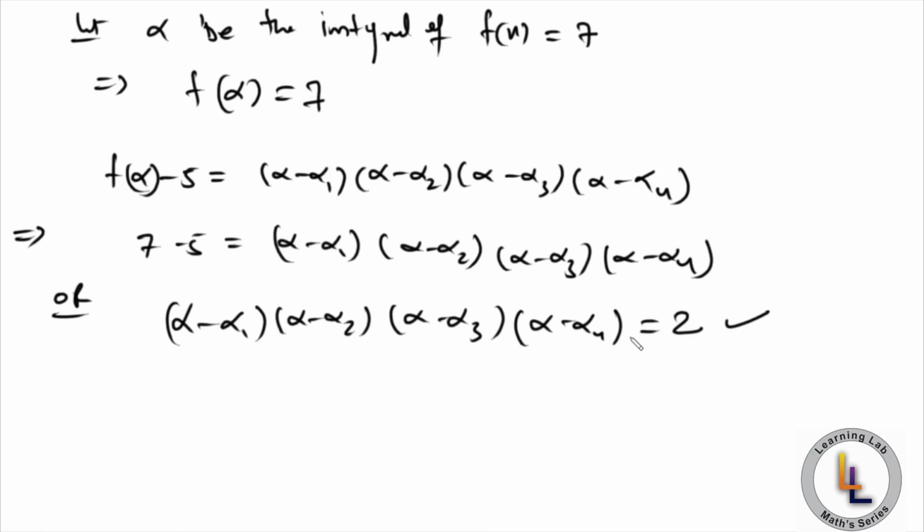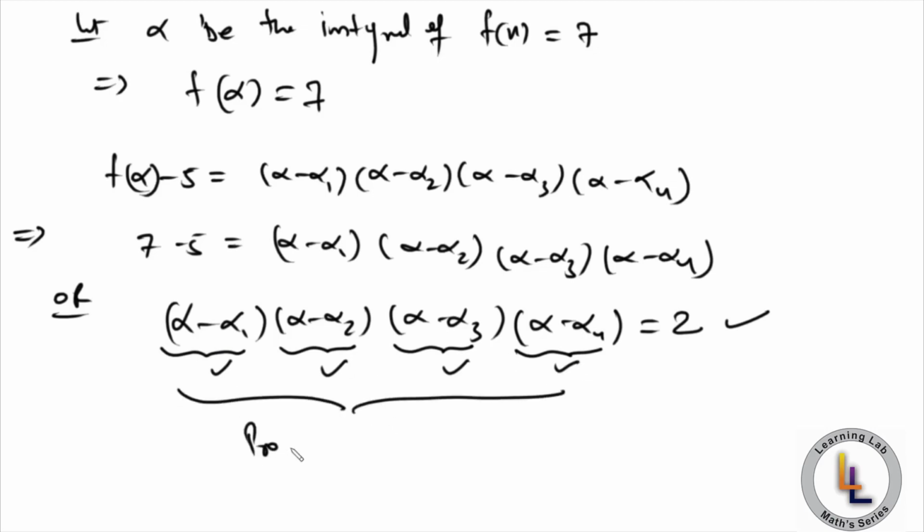That means the 4 quantities alpha - alpha 1, alpha - alpha 2, alpha - alpha 3 and alpha - alpha 4 must be distinct integers. So the left side is the product of 4 distinct integers.